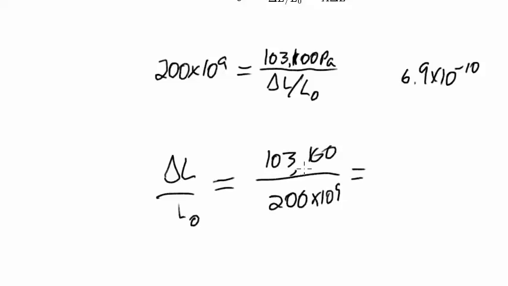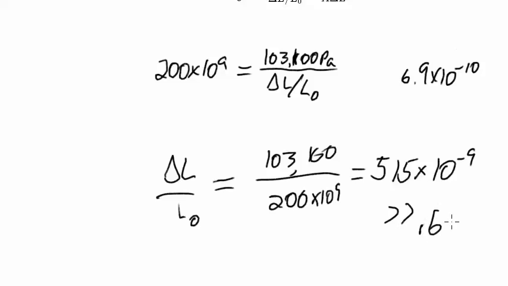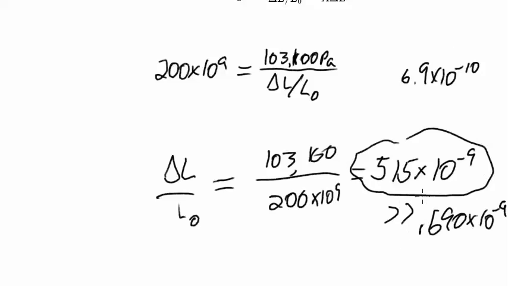10 to the 6th over 10, actually comes out to be 515 times 10 to the negative ninth, which is considerably greater than this number, which is 0.690 times 10 to the negative ninth. So this number is about 3 orders of magnitude greater.